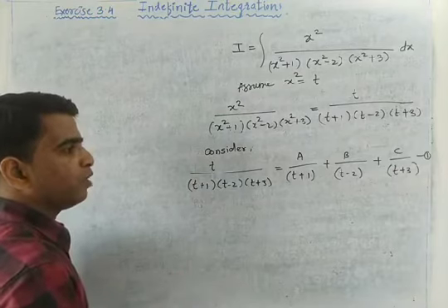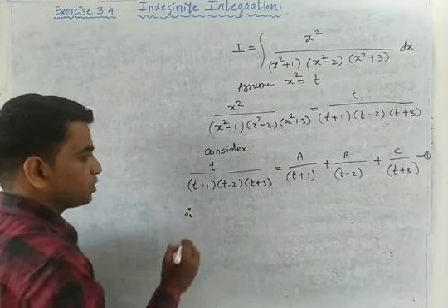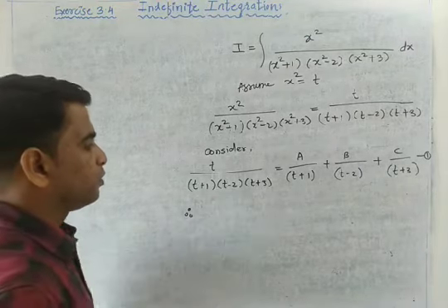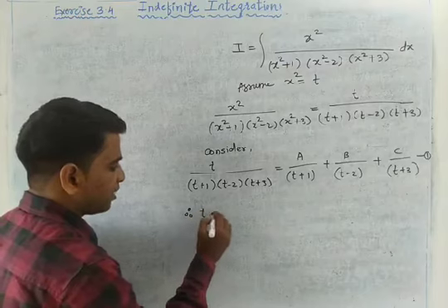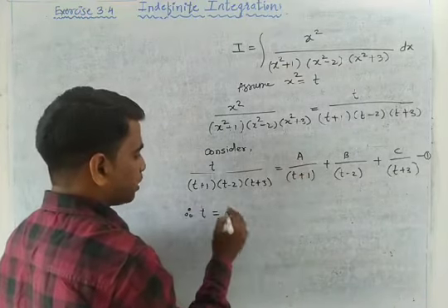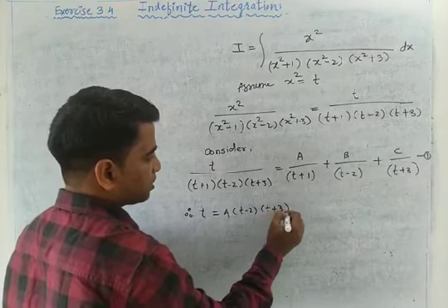Now we are going to find the values of a, b, c. For this we have to multiply both sides with t plus 1 into t minus 2 into t plus 3. So the left hand side will get t, and for a, t plus 1 cancels with t plus 1. So a will be multiplied by t minus 2, t plus 3.